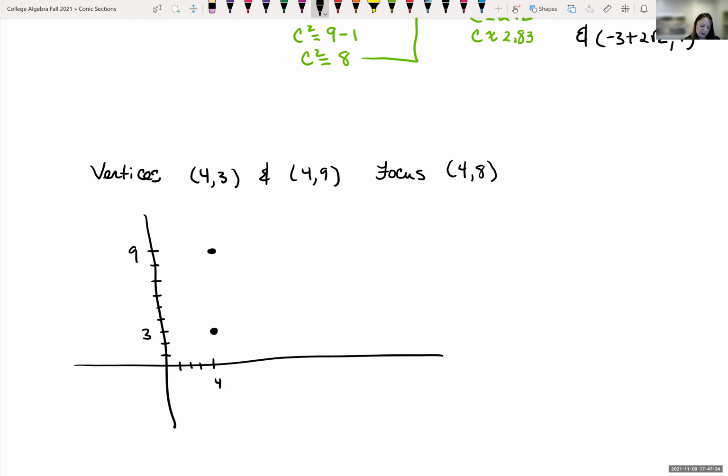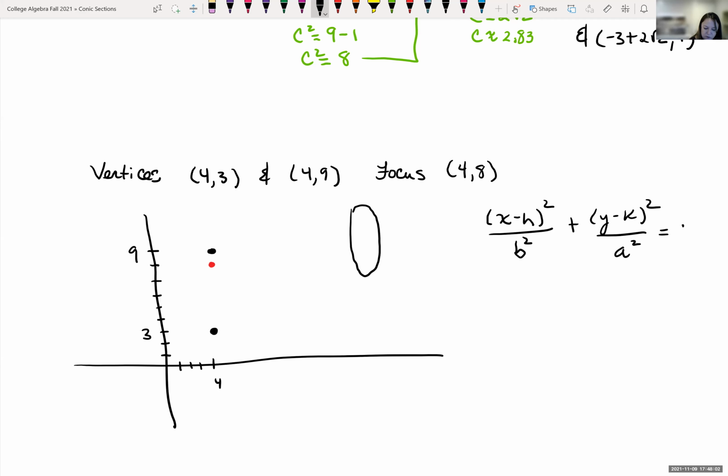And so I have a focus at 4,8. So right there, that tells me that my ellipse is elongated parallel with the y-axis, that major axis. It's elongated this way. And so I know which type of equation I need to use. x minus h quantity squared all over b squared plus y minus k quantity squared all over a squared is equal to 1.